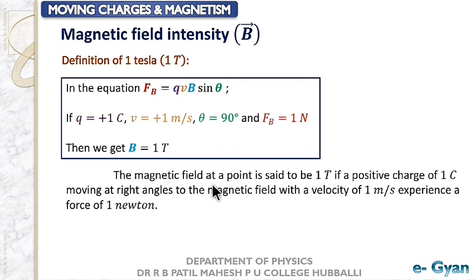The magnetic field at a point is said to be 1 Tesla if a positive charge of 1 coulomb, moving at right angles to the magnetic field, or perpendicular to the magnetic field, with a velocity of 1 meter per second, experiences a force of 1 Newton. Did you understand this? This is the definition of 1 Tesla.